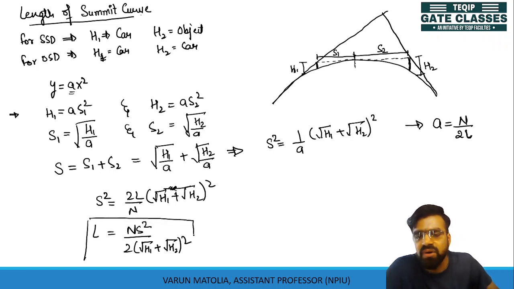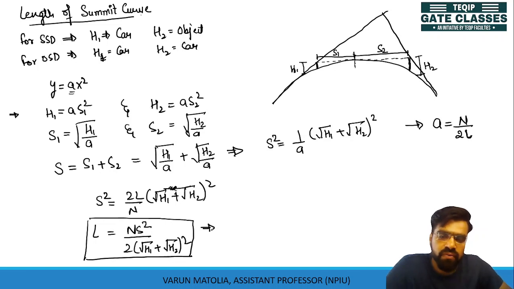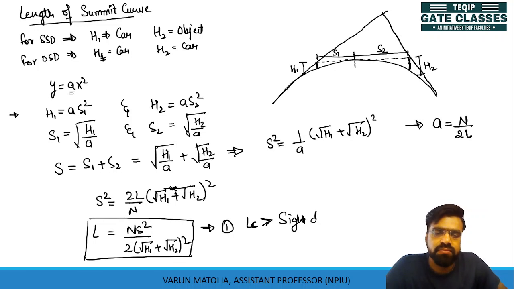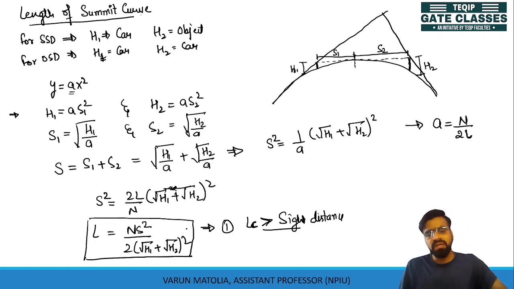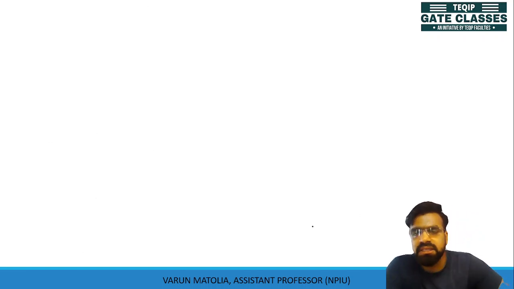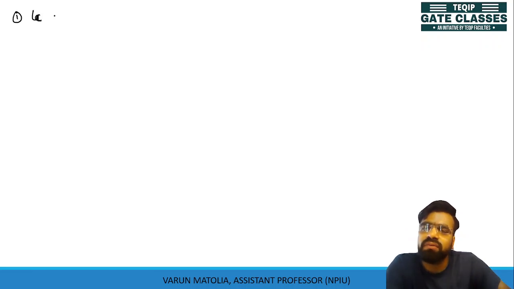So this is the final formula, which you read for the first condition, where the length of curve is more than your sight distance.